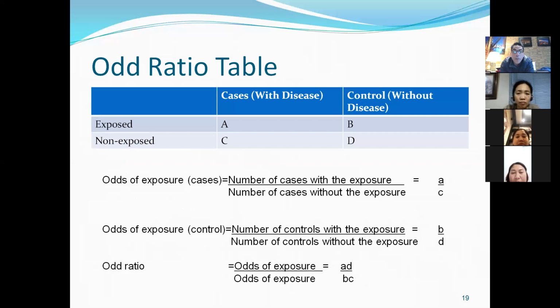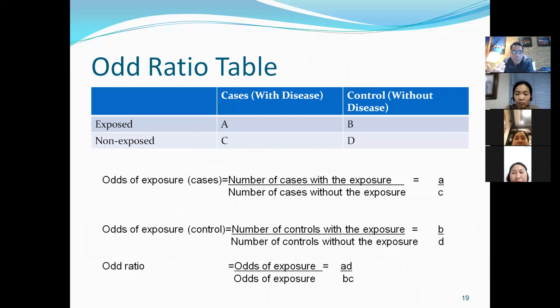Now for odds of exposure for control, it's simply the number of controls with the exposure, that's B, divided by the number of controls without the exposure, that's D. So that's very easy. B divided by D is the odds of exposure for control, whereas the odds of exposure for cases is A divided by C. So how do we get the ratio?